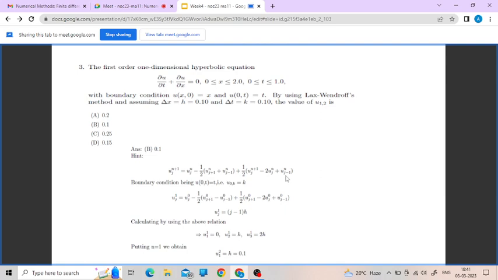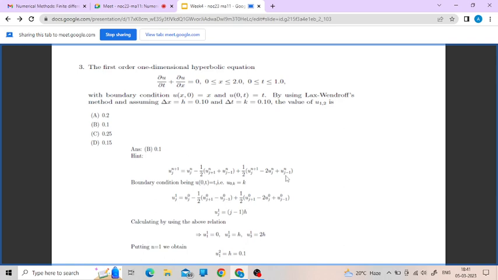What you'll get, u j 1 equals u j 0 minus half u j plus 1 0 minus u j minus 1 0, plus half u j plus 1 0 minus 2 u j 0 plus u j minus 1 0. So u j 1 will be equal to j minus 1 into h.